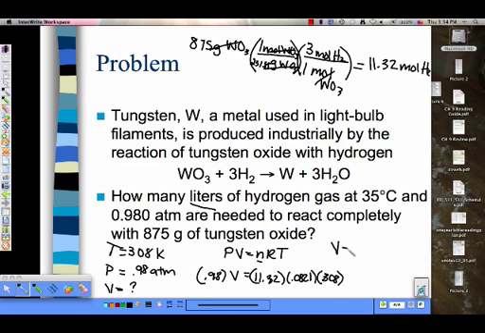So our volume is going to equal 292.14 liters. There we go. So that time we didn't use stoichiometry of gases, but we kind of integrated everything that we've learned so far. So very good.